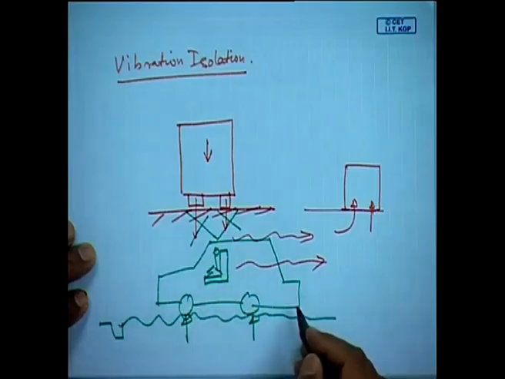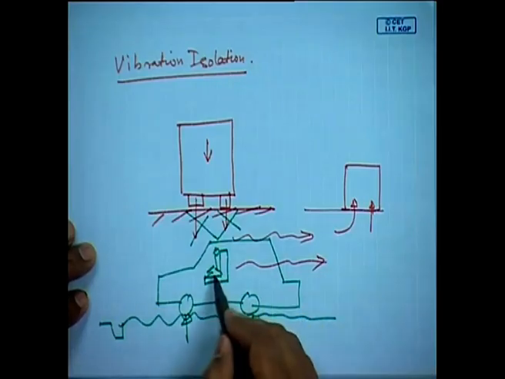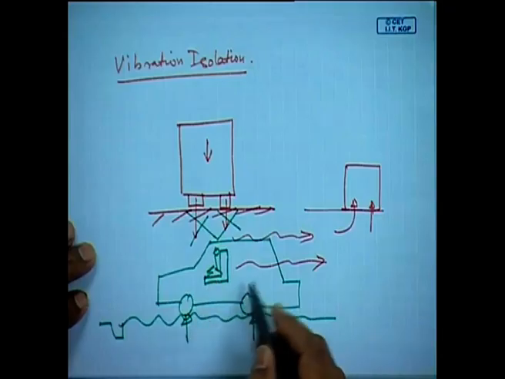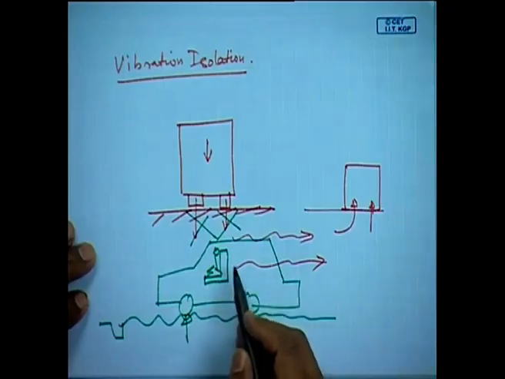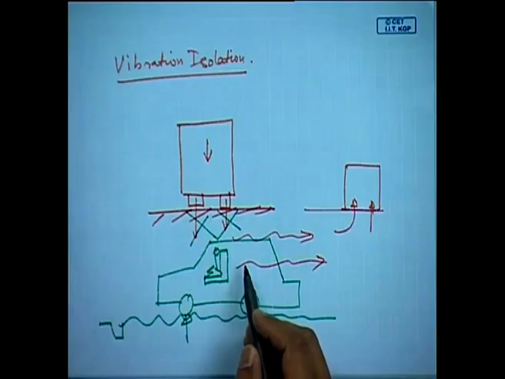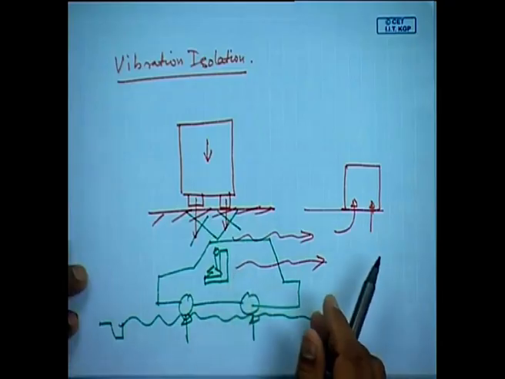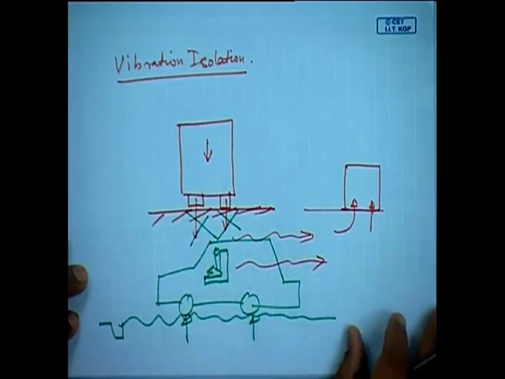And obviously, we would like to isolate this motion which is coming from the ground by a proper selection of what are known as vibration isolators. We will discuss them in the subsequent sections. So vibration isolation is another serious problem in engineering vibration, and we will see how we can avoid it, how we can reduce it, and so on.